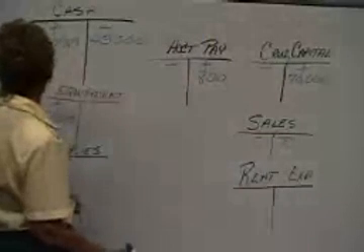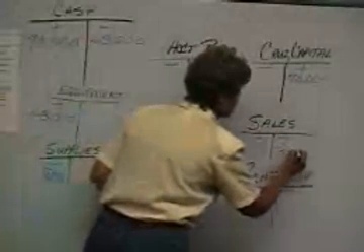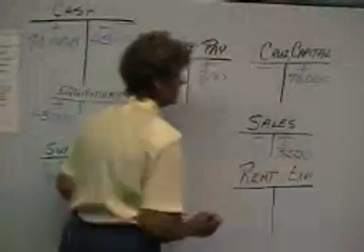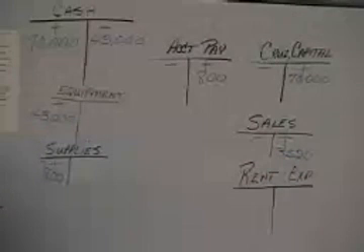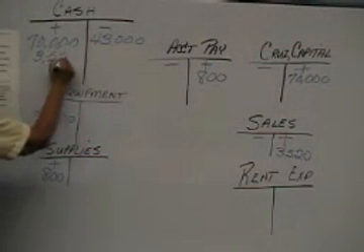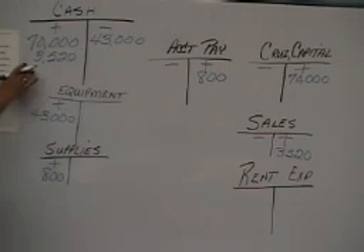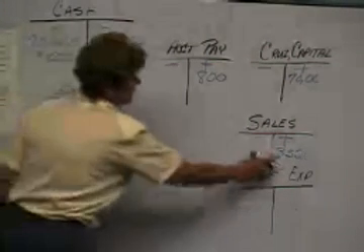We are selling $3,520 in sales, so we're increasing our sales on the credit side, and we are receiving cash, so we are increasing our cash, $3,520 on the debit side of the cash account. One debit, one credit.